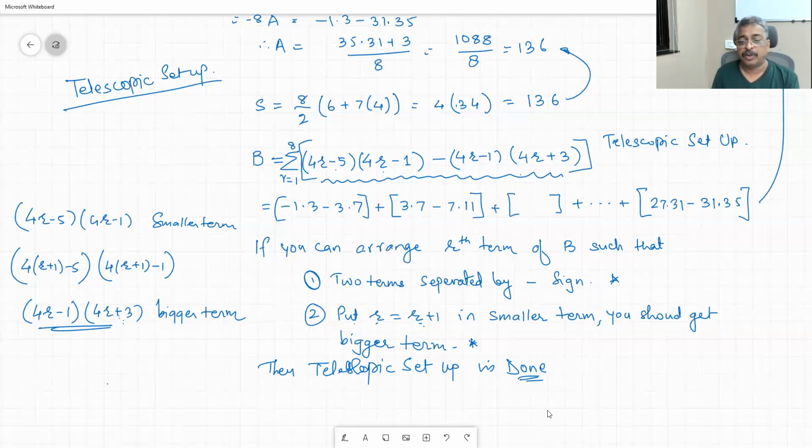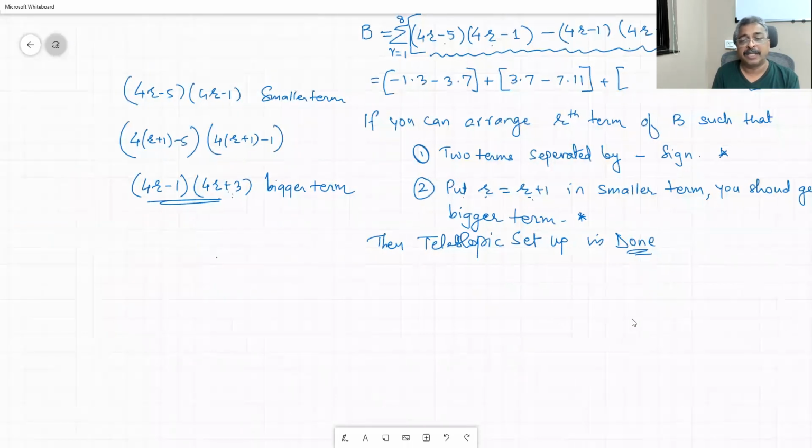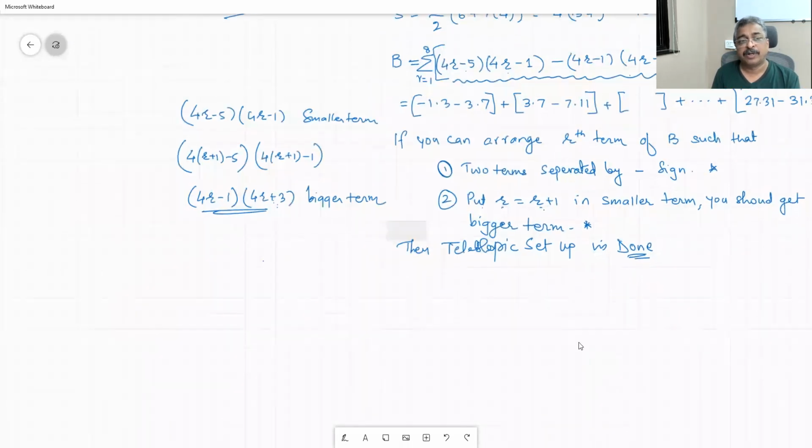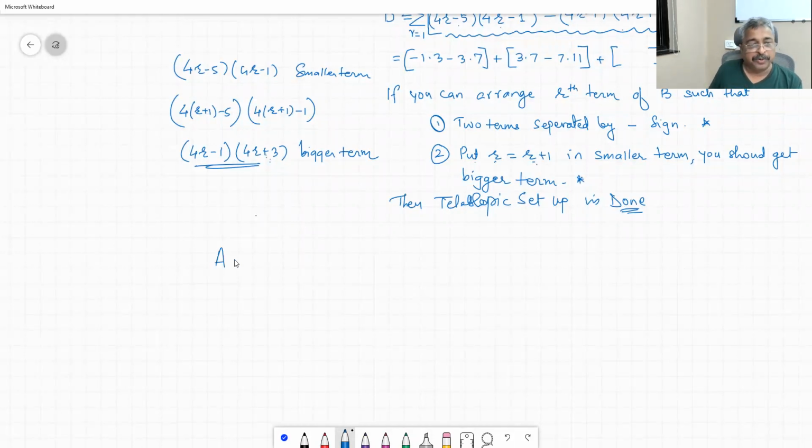Now let me give you an example, and I will ask you to try it out. Unless a few students have done that problem earlier in their life, it is not going to be easy. So the next problem is A is equal to 1 upon 3 into 7 plus 1 upon 7 into 11 plus 1 upon 11 into 15.